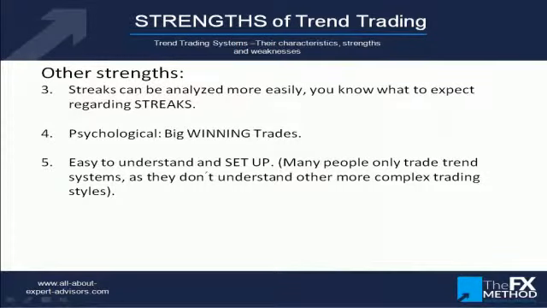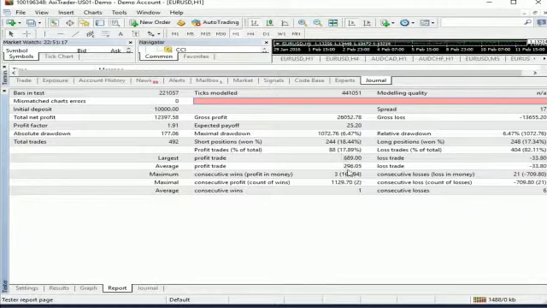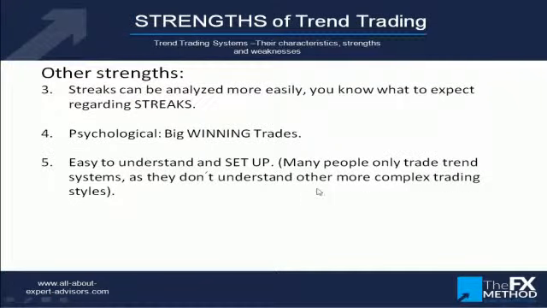You go there and you make your 3% on a trade. There is even a trade that made almost a 7%, right? On just one trade. You'll be very happy about that. And that's also, I would say, a strength of the trend systems, right? These very big winning trades, these very huge chunks of money in your account, they help.